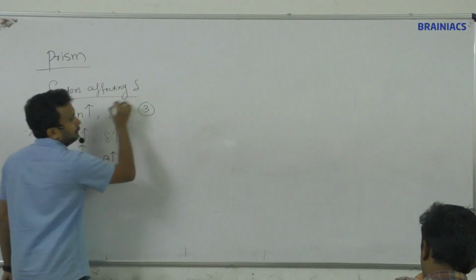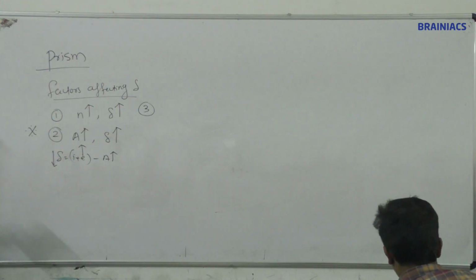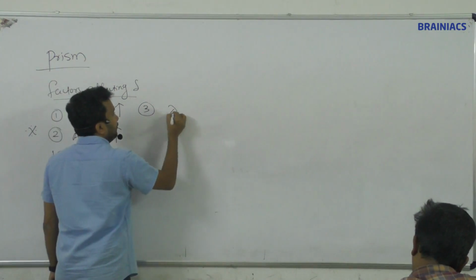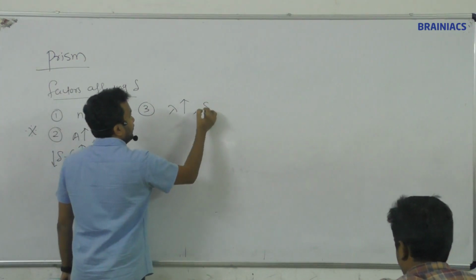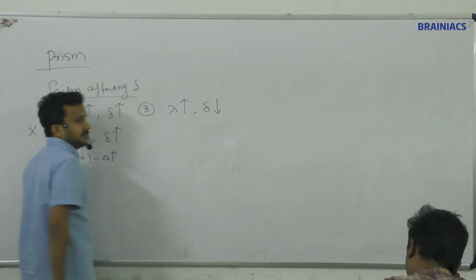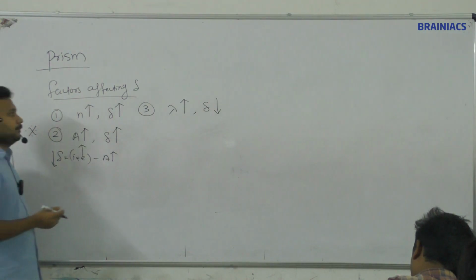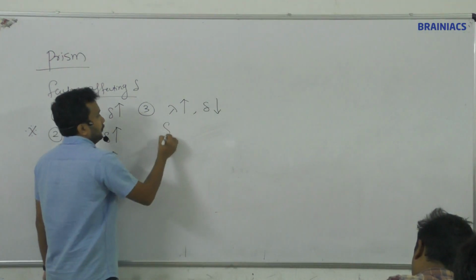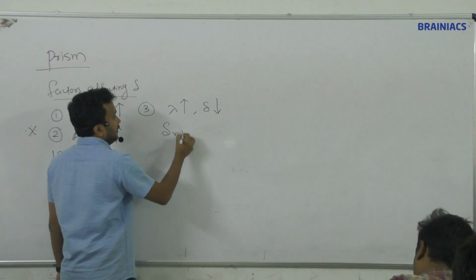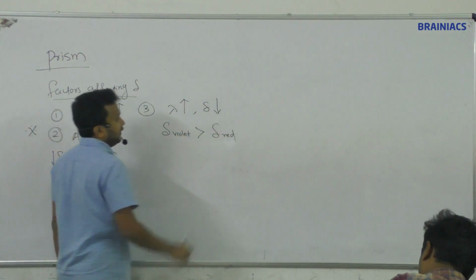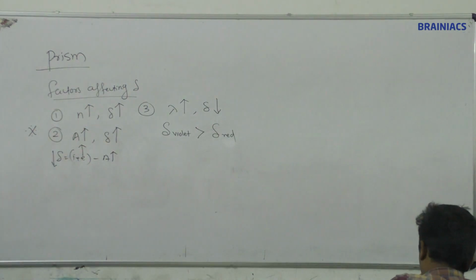Number three: when the wavelength of the light increases, deviation decreases. So deviation for violet rays is greater than deviation for red light, right? Violet has high frequency, low wavelength.